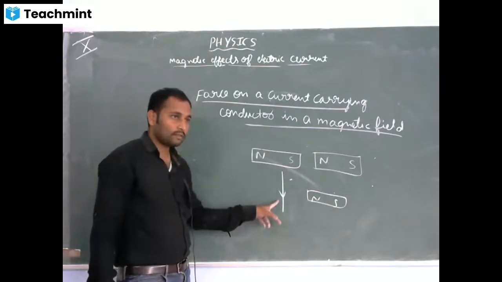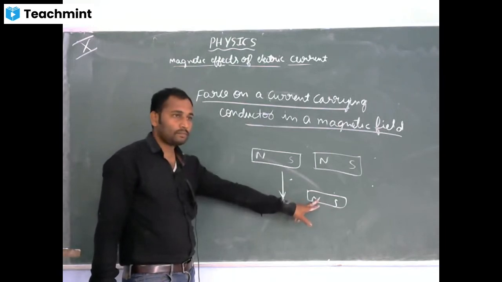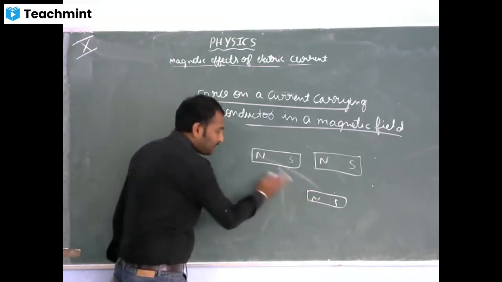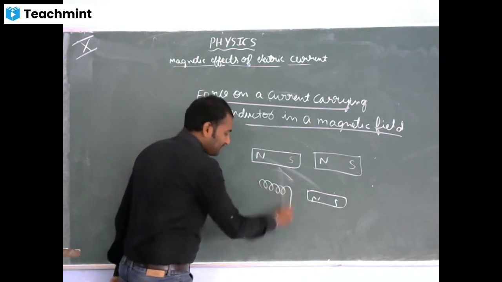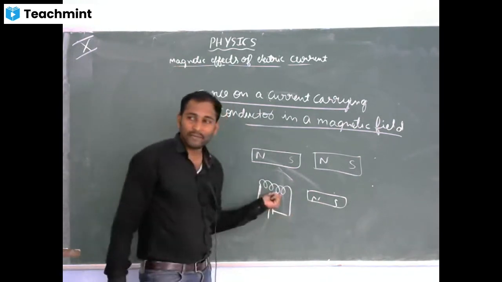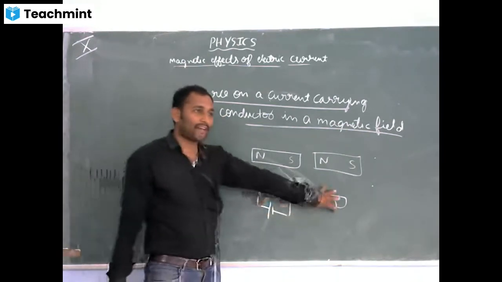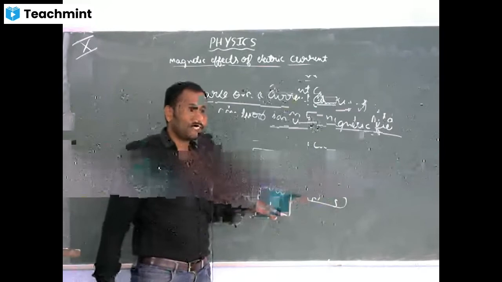What is this? Copper wire. So instead of a straight wire, I will bring a solenoid. This is positive, this is negative. The solenoid will behave like a bar magnet. So this is a bar magnet now. This is a bar magnet. What happens?